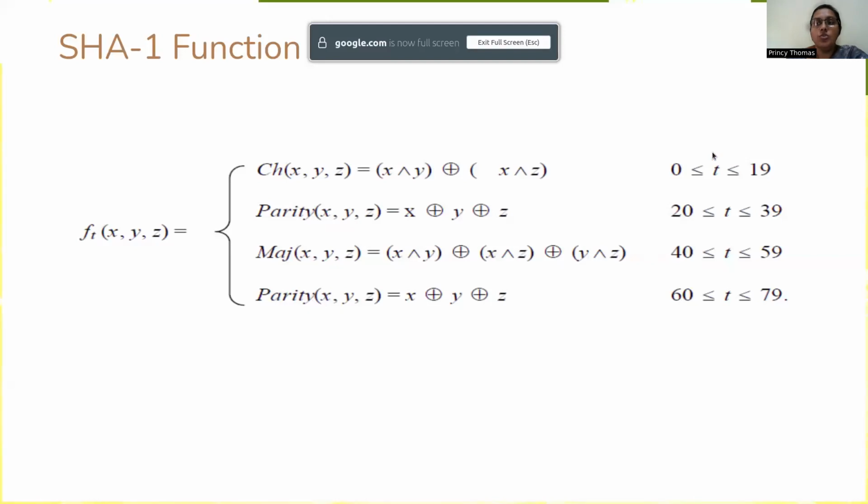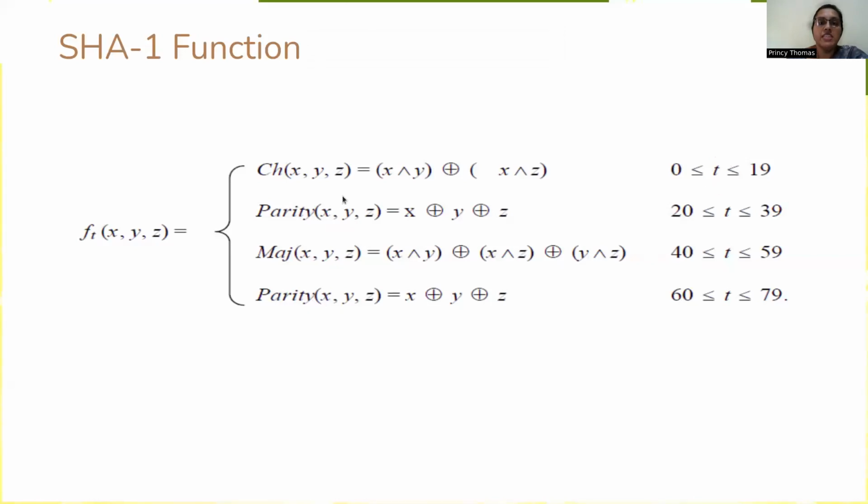So in the SHA function, as I told you, when the t value is between 0 to 19, the choose function is used, and what the choose does is x and y, XOR x and z. Okay, if the t value is between 20 to 39, and if the t value is between 60 to 79, then the same function is used. The parity function is used. Again, input is x, y, z.